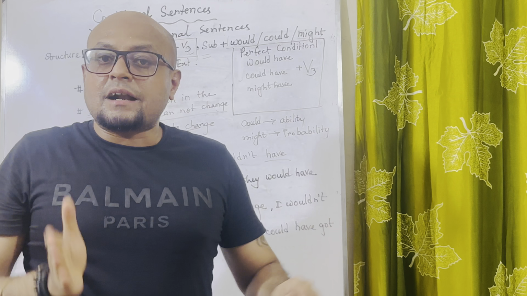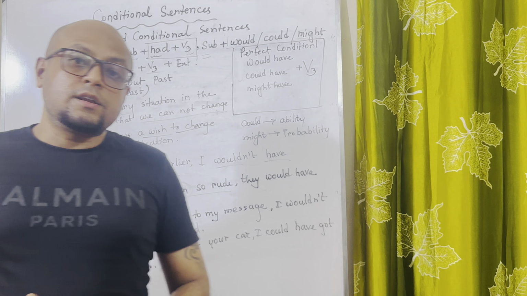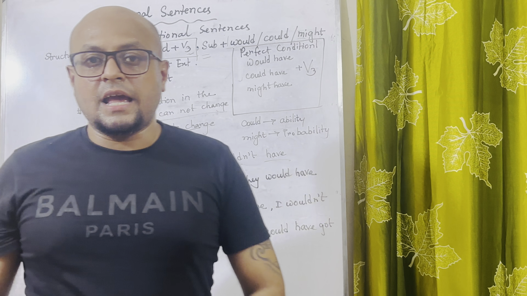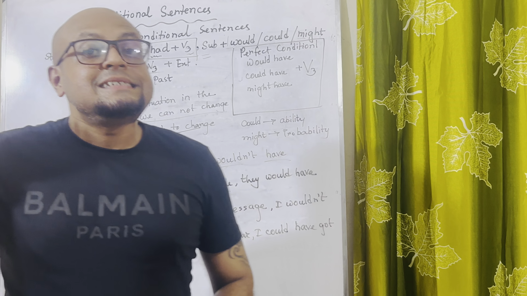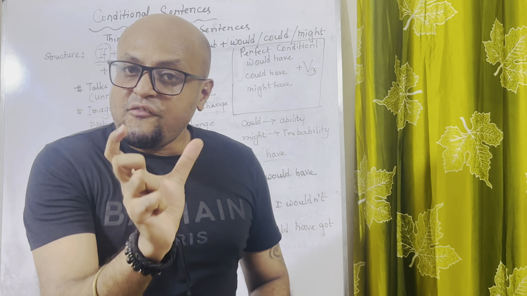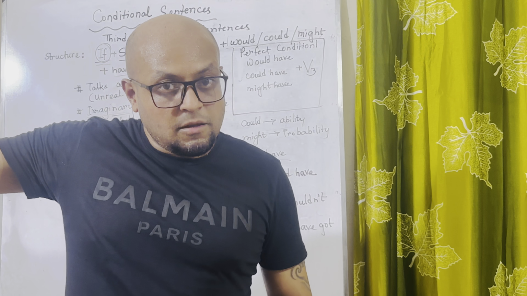So you need to practice a lot. Again, the students who are going to sit for the SSC examination, you have a topic called completing sentences, where half the sentence is given and you need to complete the rest.